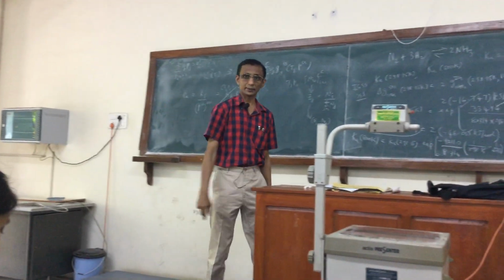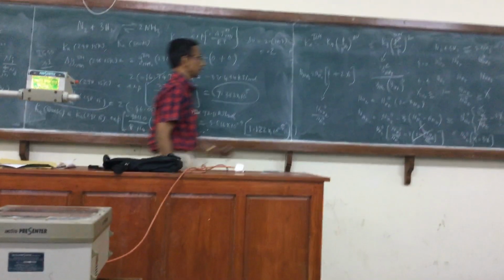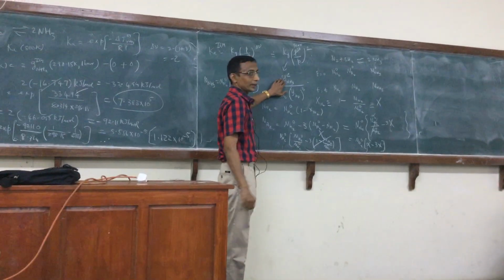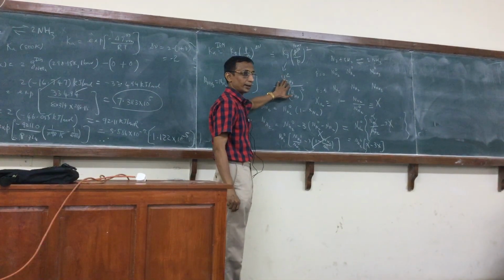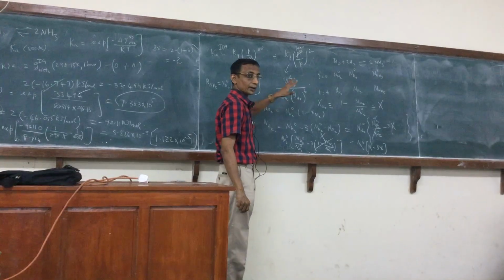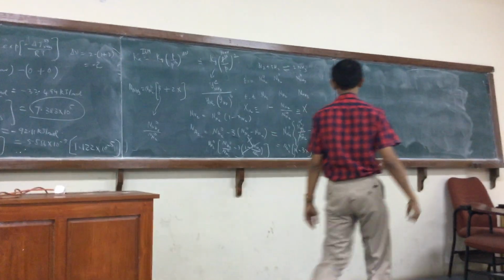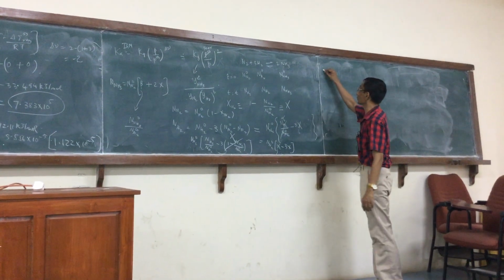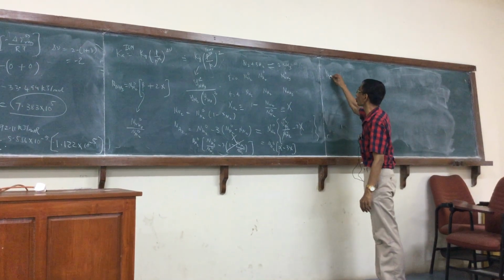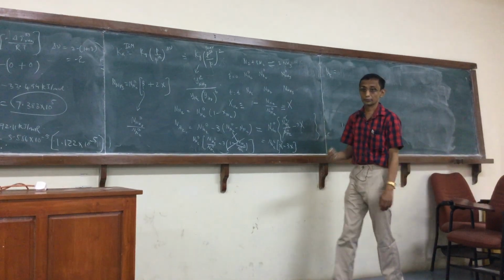Now, the common mistake that I always find students make is that they simply equate y_NH3 to n_NH3 and do the calculation. That will lead to errors because here, especially, this delta v is not equal to 0. So first I have to calculate n total at any time.